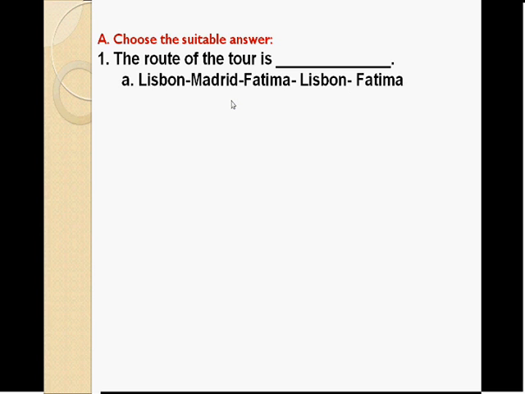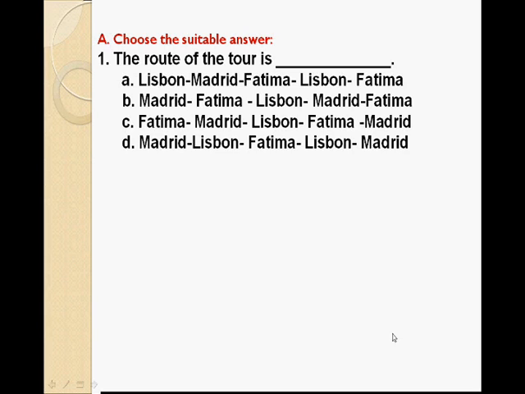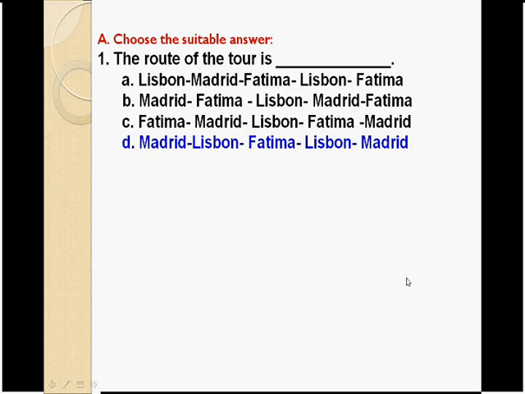A, Lisbon, Madrid, Fatima, Lisbon, Fatima. B, Madrid, Fatima, Lisbon, Madrid, Fatima. C, Fatima, Madrid, Lisbon, Fatima, Madrid. And D, Madrid, Lisbon, Fatima, Lisbon, Madrid. I'll give you 1 minute to look for the suitable answer.